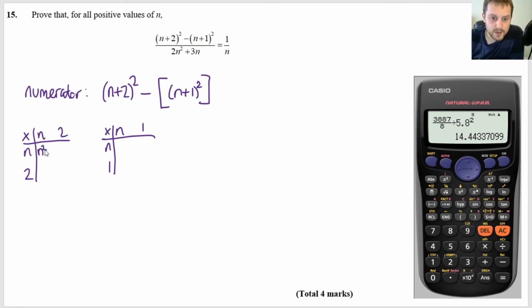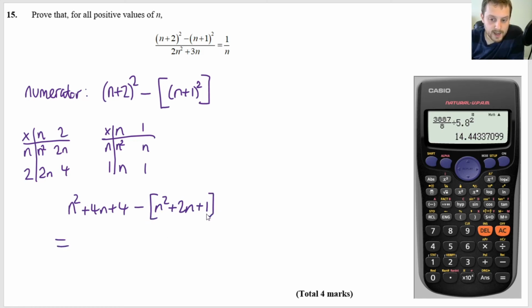So we've got n squared, 2n, 2n, and 4. Here we've got n squared, n, and 1. So the numerator is really n squared plus 4n plus 4 minus n squared plus 2n plus 1.